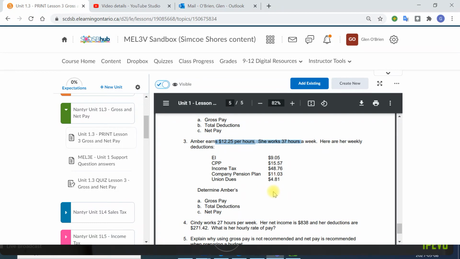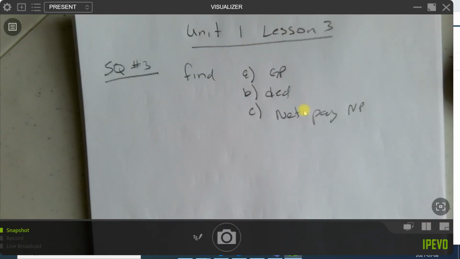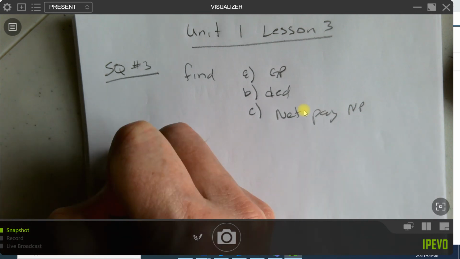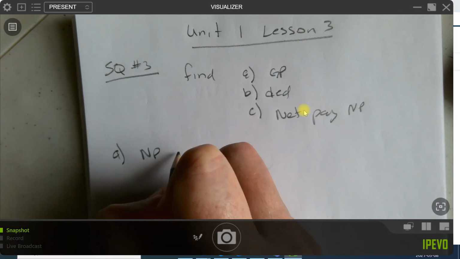So we have to find A, the gross pay, B, the deductions, and C, the net pay, or NP. Okay, so I've just written those down. So again, that's what we have to find. So let's do A.